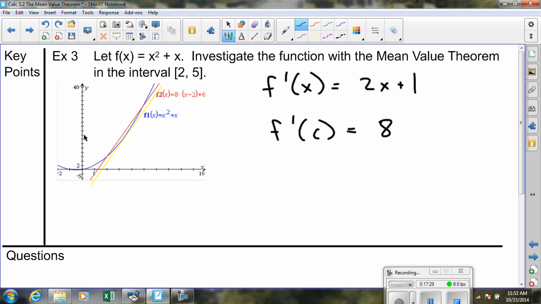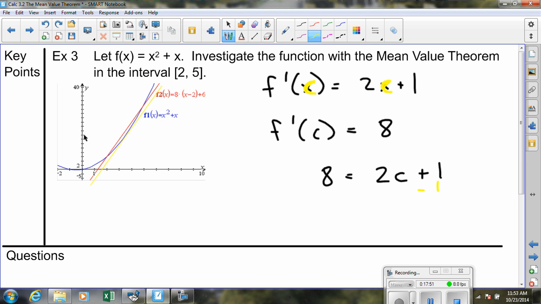So if we have f prime of c equals 8, then we have that. Because if we plug in a constant here, we'd have f prime of c equals 2c plus 1. We could figure out where it is.